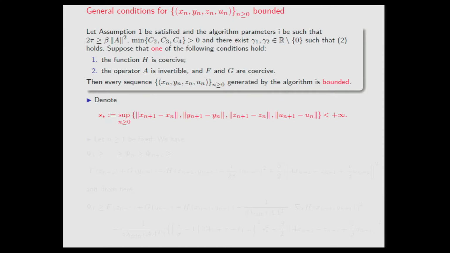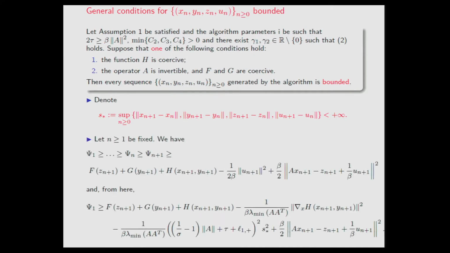So, these sequences are convergent to 0. They are bounded, as noticed before. Then this is what you get from the previous inequality, from the decreasing property. So this means that psi 1 provides an upper bound for this sequence. And now, without this term, we could argue by using coercivity.